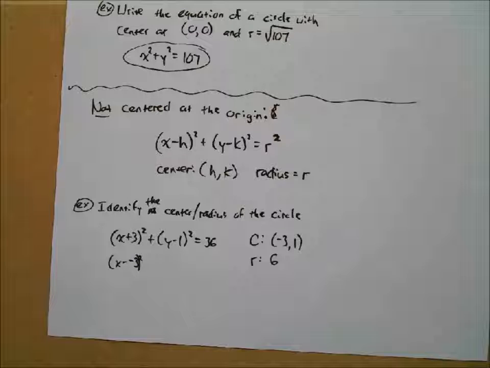And of course, you should also be able to write the equation of a circle given the center and the radius. I guess I'll show that one here real quick too. I don't want to skip anything.